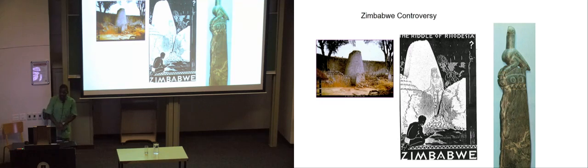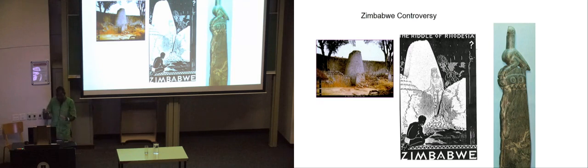In summary, the Zimbabwe controversy basically involved people who believed that Great Zimbabwe was not locally built. Examples include the German geologist and explorer Karl Mauch, as well as James Theodore Bent and Richard Hall.